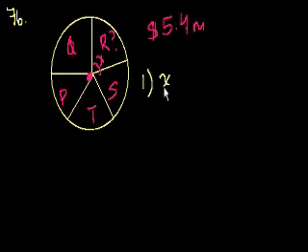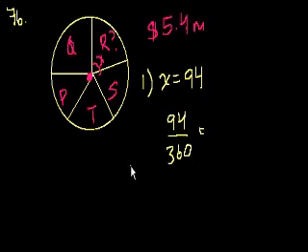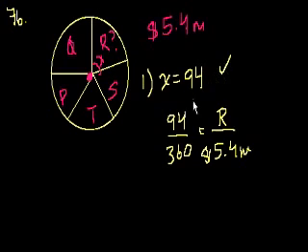X is equal to 94. Well, we're done. Because X over the total degrees in the circle, so 94 over 360, is going to be equal to the expenses of division R divided by the total expenses, 5.4 million. And this is a trivial equation to solve, so 1 alone is sufficient.